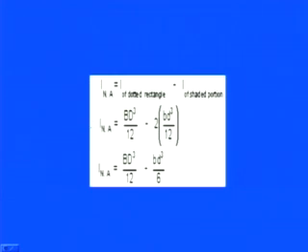The overall resultant second moment of inertia for this I_NA is BD cube by 12 minus bd cube by 6. This is the resultant moment of inertia for this rectangular cross section.